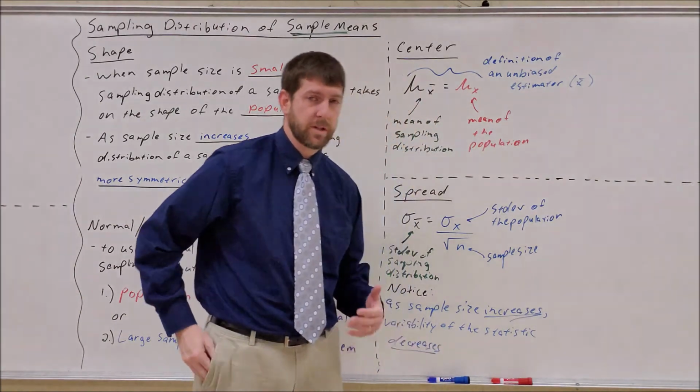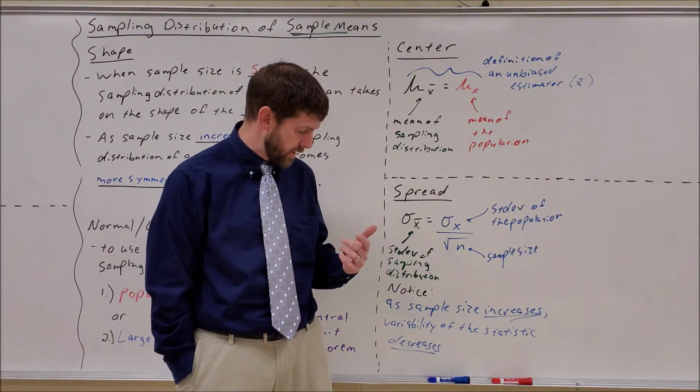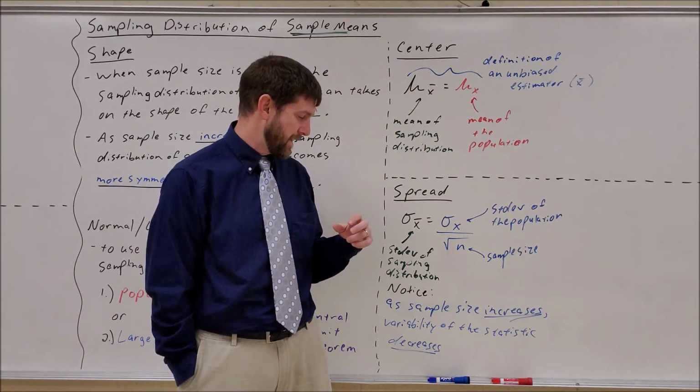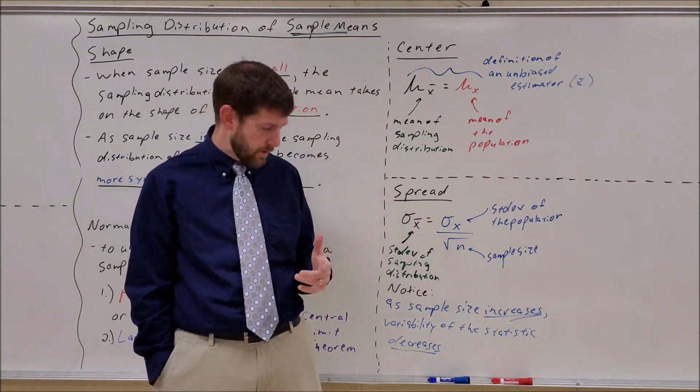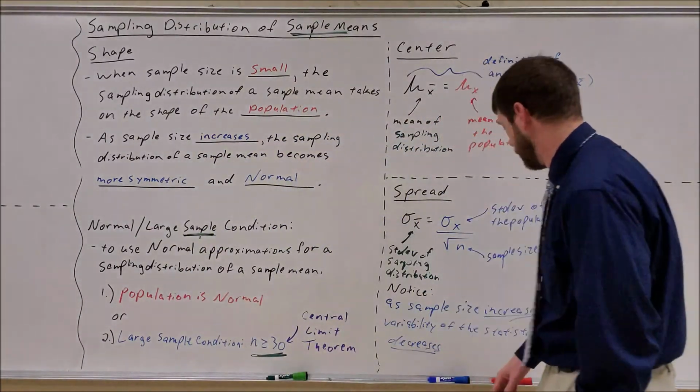So it goes back to things we've mentioned lots of times. If you want to get more consistent results and not have as much variability, you just need to have a much larger sample.